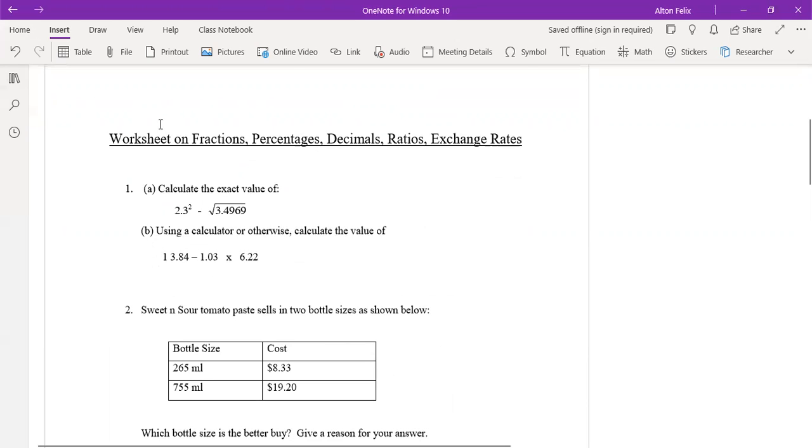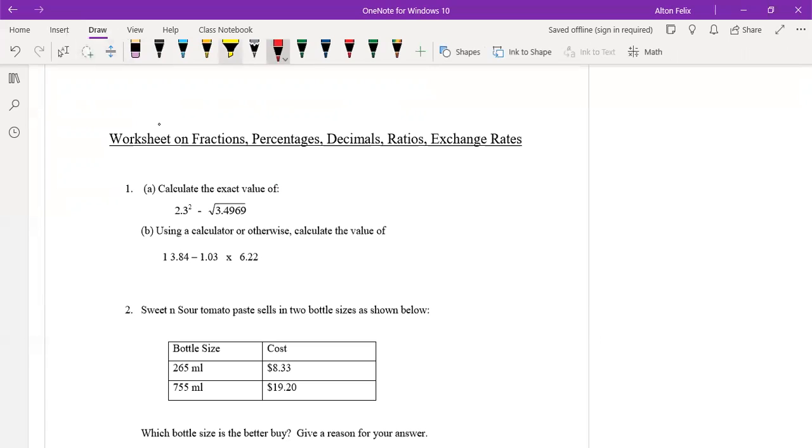And of course, we're going to subtract the square root of 3.4969 from that. So let's write down the first one. So that's 5.29. Let's see what we're subtracting.